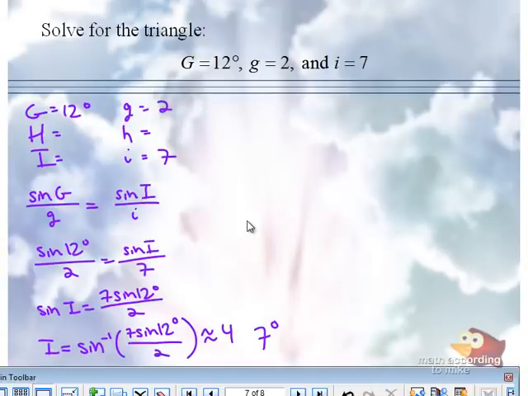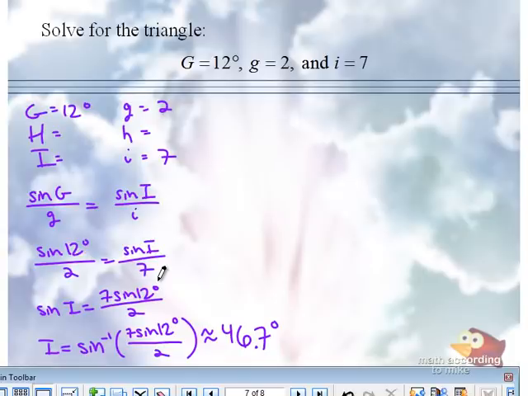Now, we just took a sine inverse to find an angle, so now we have to consider the supplement. What's the supplement of 46.7? Yeah, so subtract it from 180. 133.3. Yep.